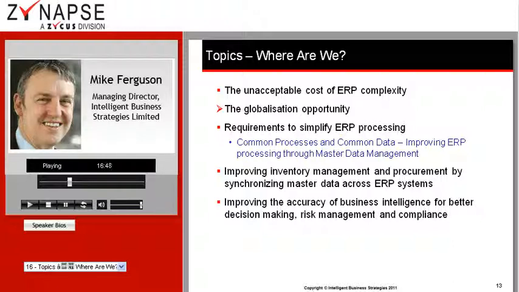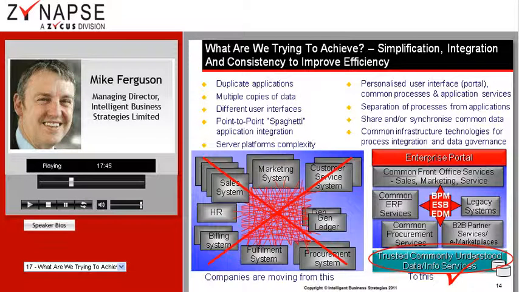So looking at where we are here now, having understood the complexity, whilst not losing any ability to operate, we're trying to get rid of duplication and different ways of doing the same thing and move towards what I can only describe as common processes, common applications, common user interfaces, and of course common trusted data.